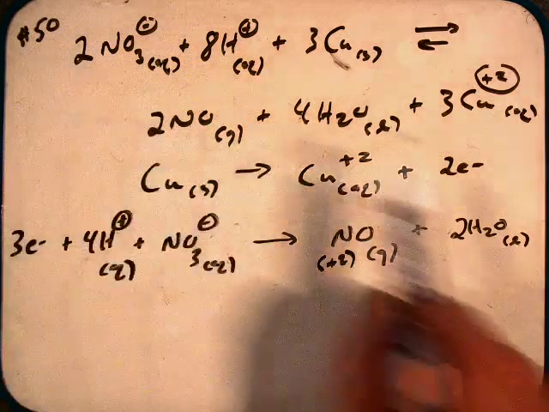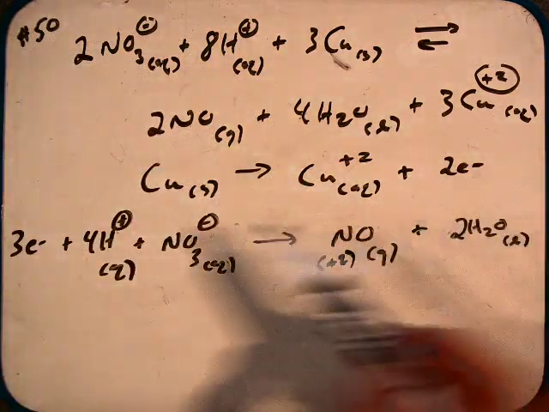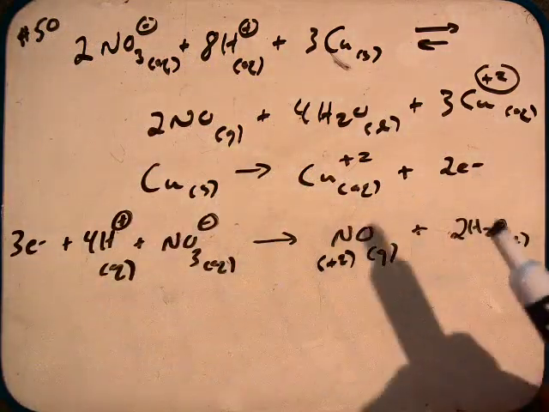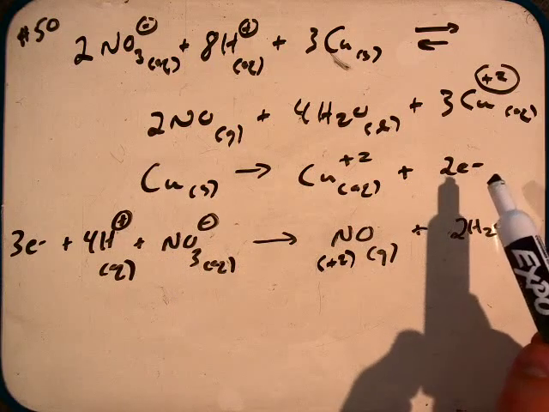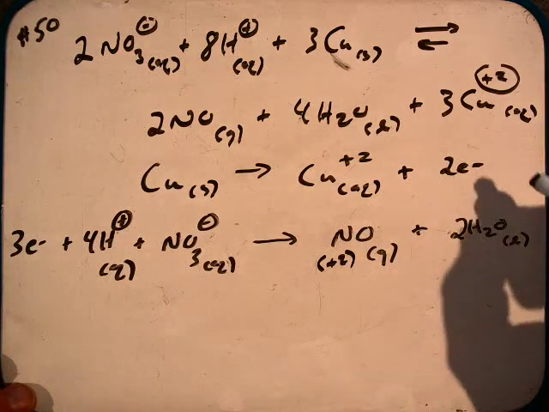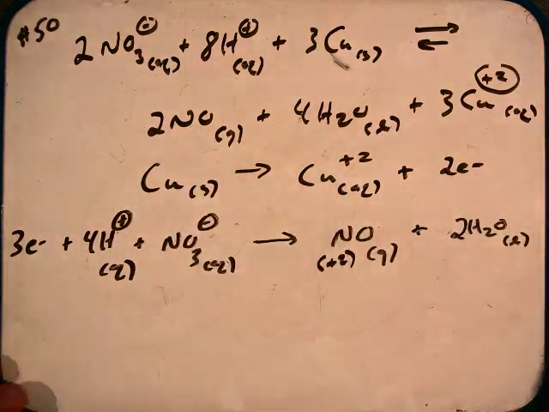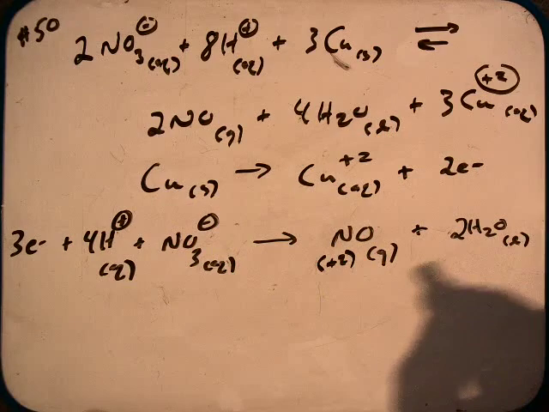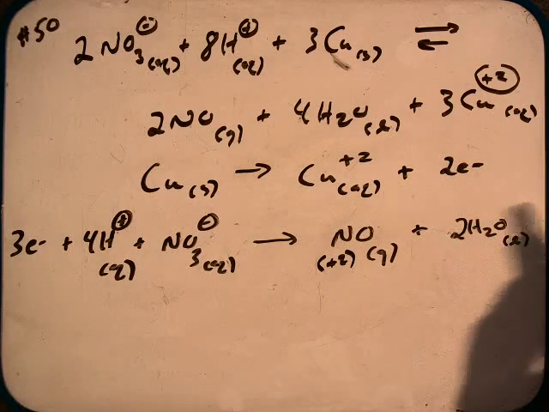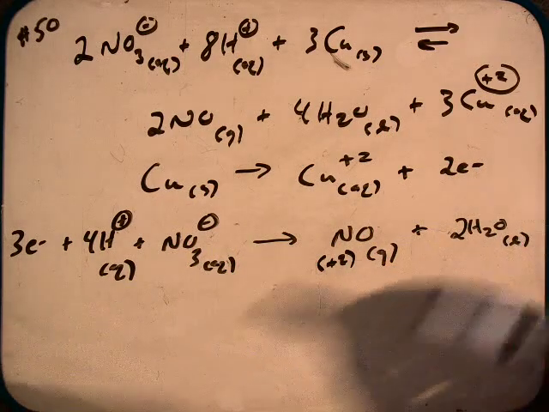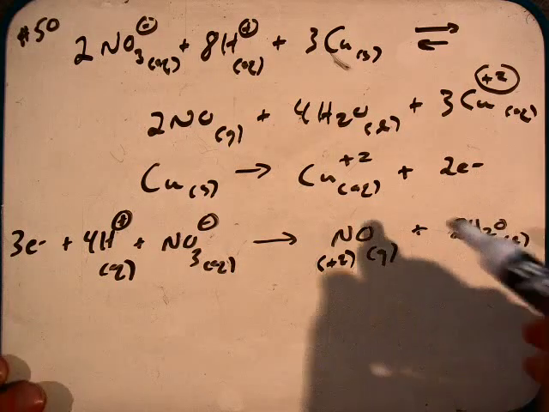The whole balanced reaction would come from the cross multiplication of 3 and 2. But when we're writing a cell representation or a line representation for a cell, we don't really need to worry about the stoichiometry. We just need to write the elements, and if they're being oxidized, reduced, or if it's a molecule being oxidized or reduced.